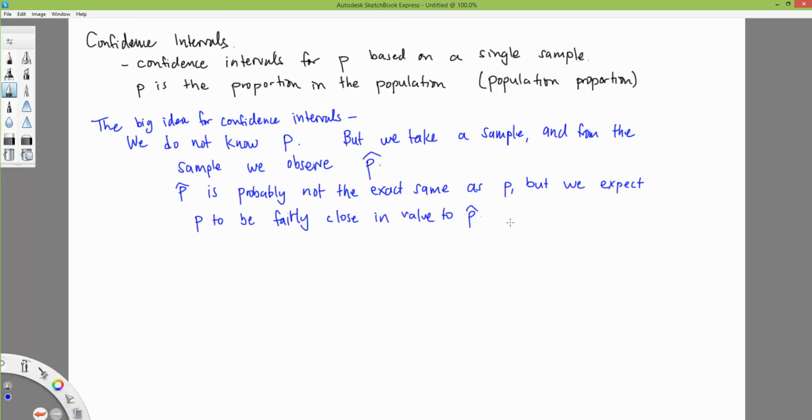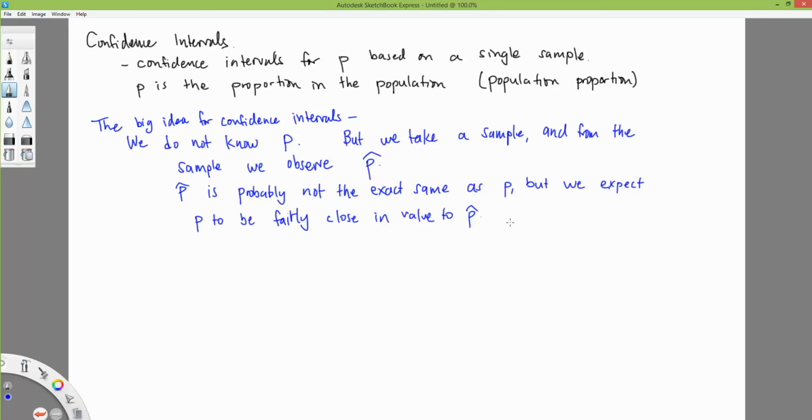So we're going to say, I'm fairly confident. Let's say I take a sample of candies, 33% of my candies in this sample are yellow. I took a sample of 100 pieces of candy, 33% of those are yellow. And what I'm going to say now is, well, P, I'm pretty confident, is close to 33%.